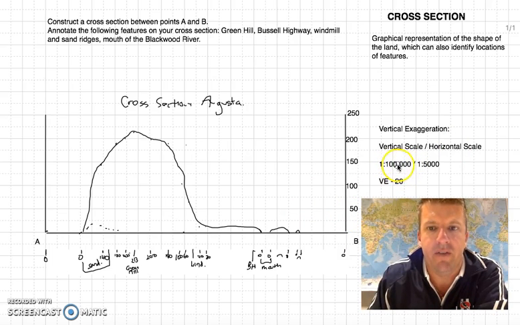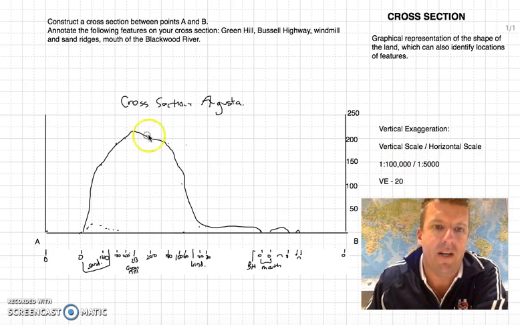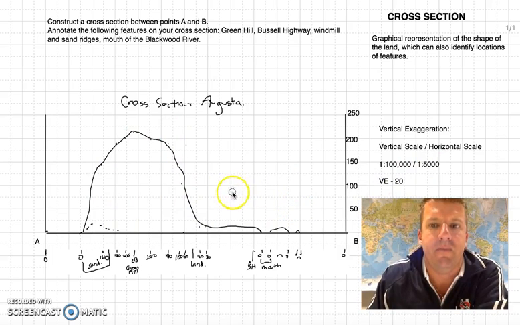Our horizontal scale is 100,000, divided by the vertical scale. So it's 100,000 divided by 5,000. So we've actually exaggerated this cross-section 20 times. So all the measurements have been exaggerated 20 times.